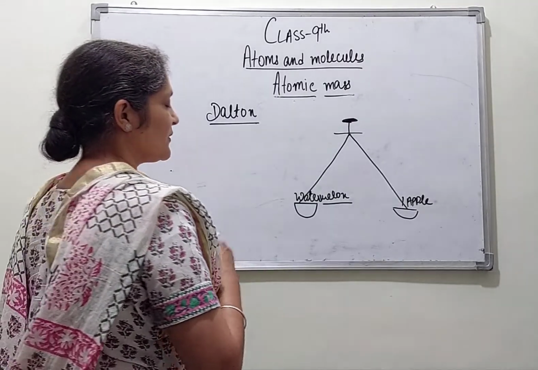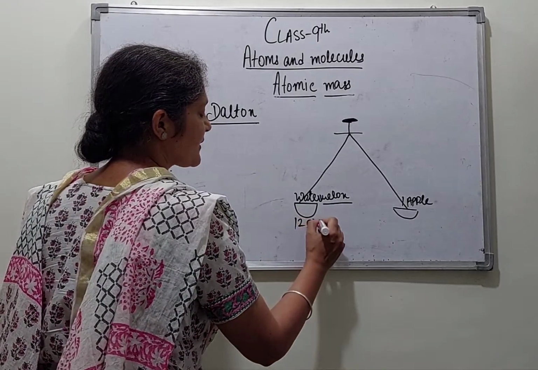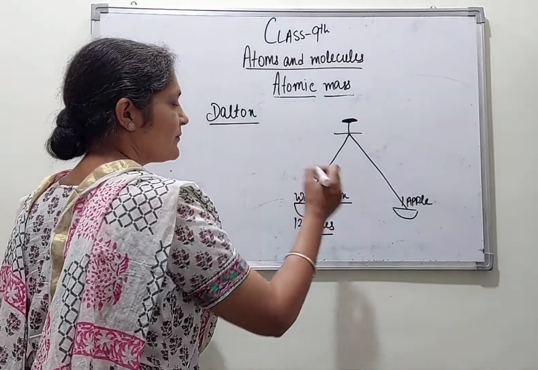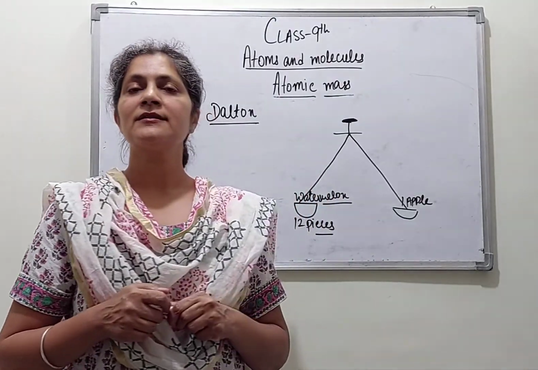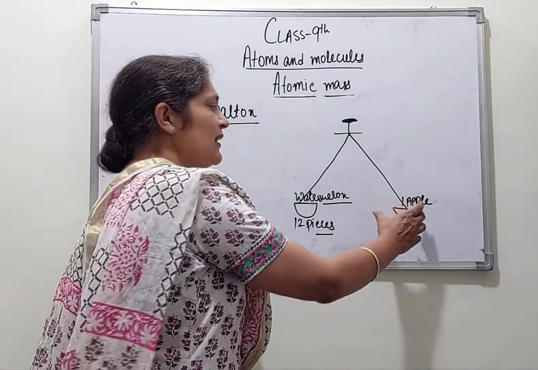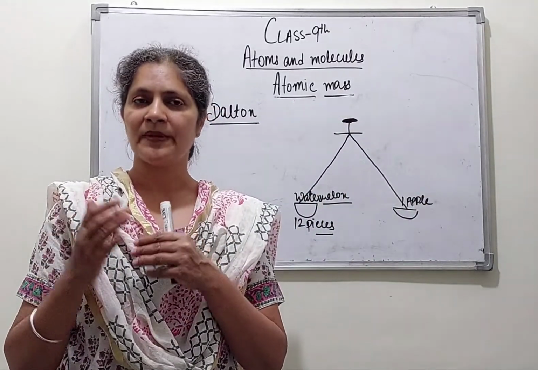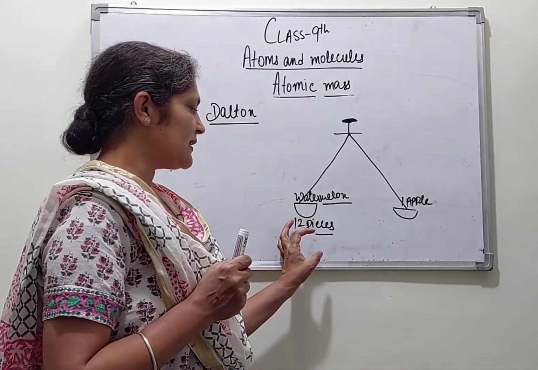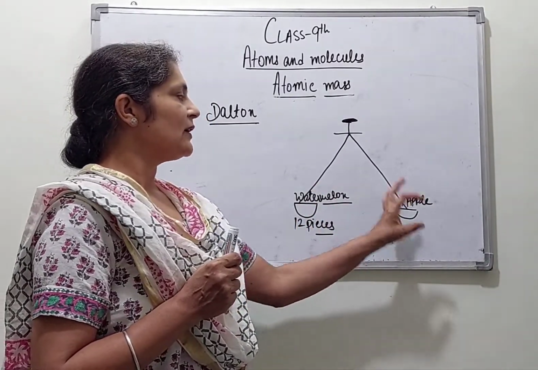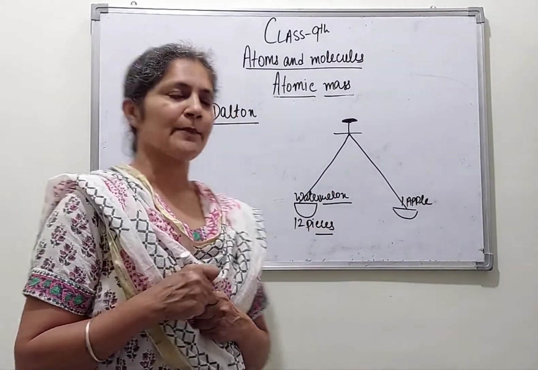When he came to 12 pieces, the 12th piece was equal to the mass of one apple. Right?